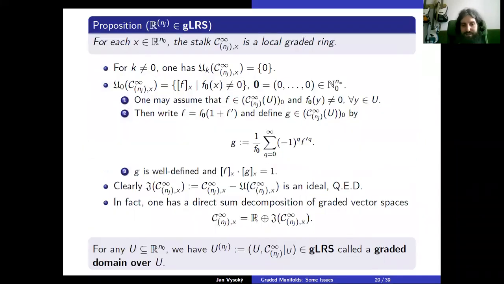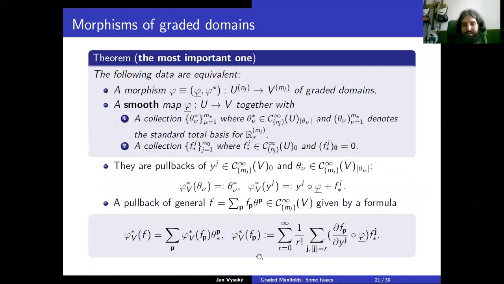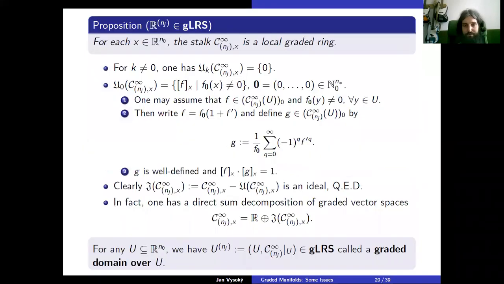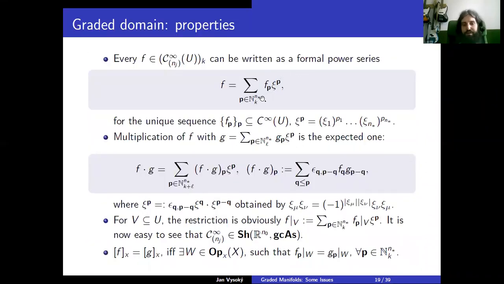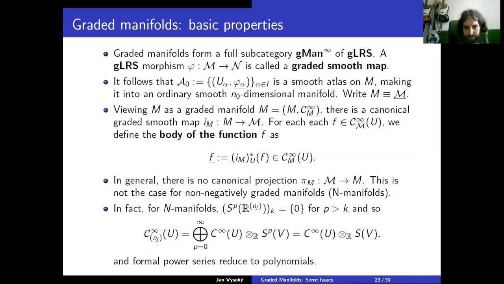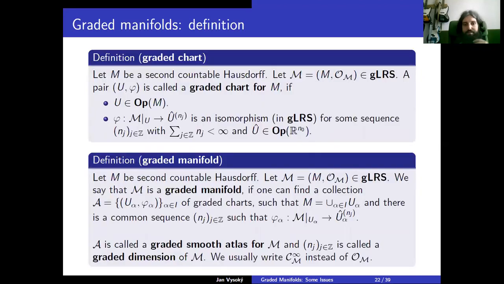I defined last time what a graded domain is. A graded domain over some open subset is a graded local ringed space where the sheaf of functions is the sheaf of formal power series in some coordinates psi with coefficients in smooth functions on U. Okay, so this is a graded chart, and if I can cover my topological space by graded charts, I call this collection of all these graded charts a graded smooth atlas, and I get something which is called a graded manifold.